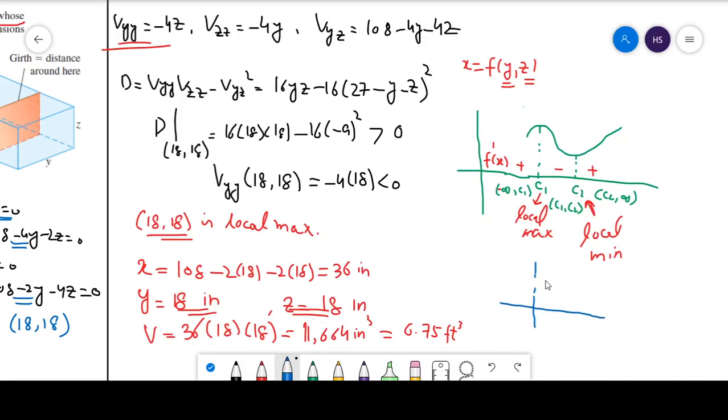But in the case of two variable functions, this is what happens. This whole plane is our domain, right? If this is the critical point (a, b), suppose this is the open disk. There are infinitely many ways to approach this point, right? Suppose you approach from this line, this changes sign from positive to positive.